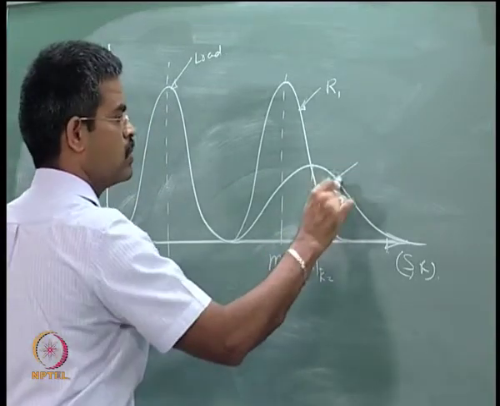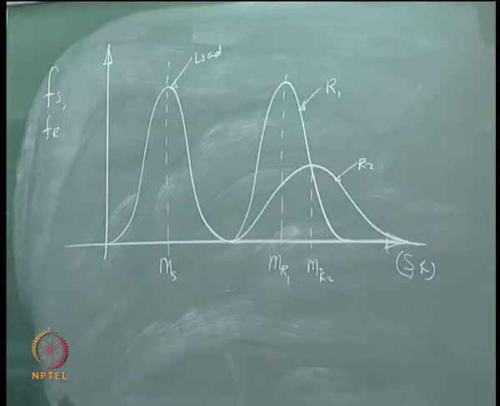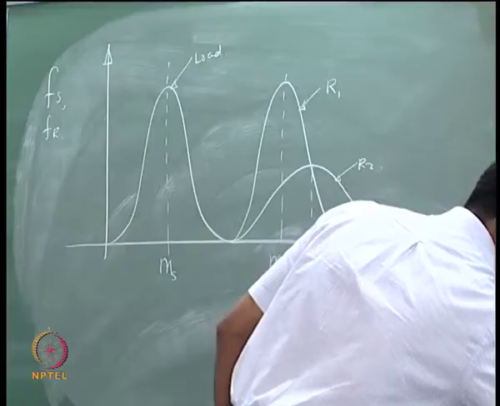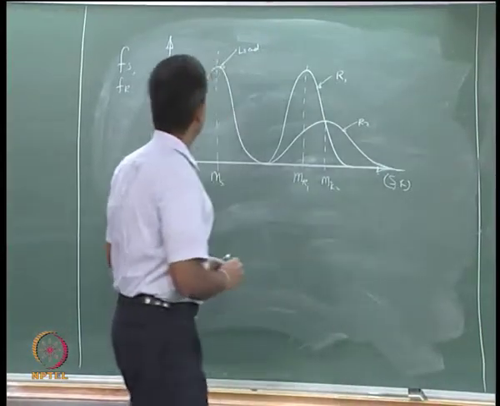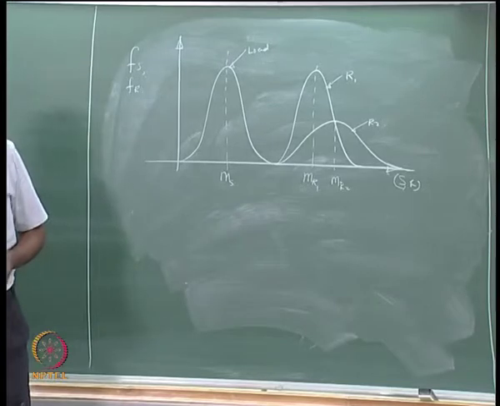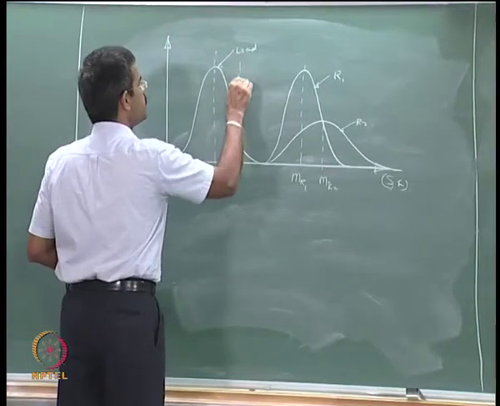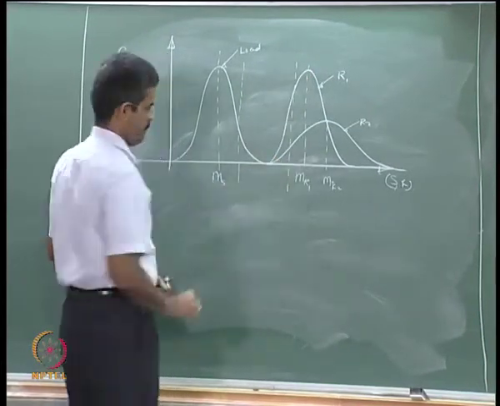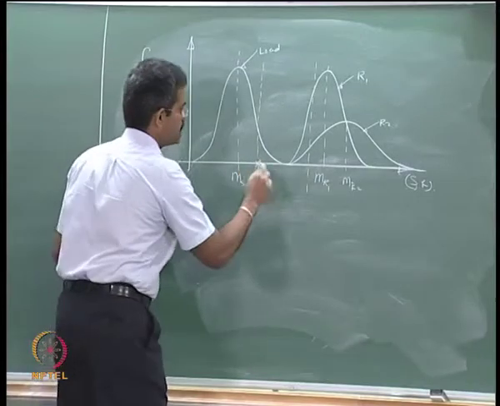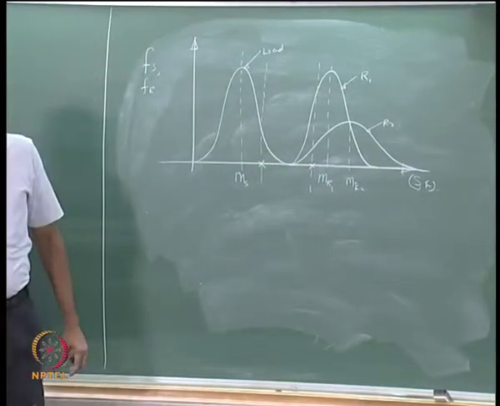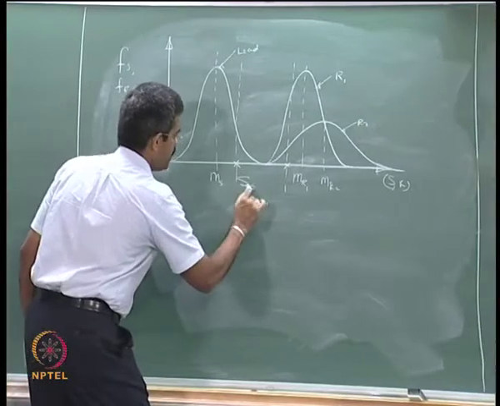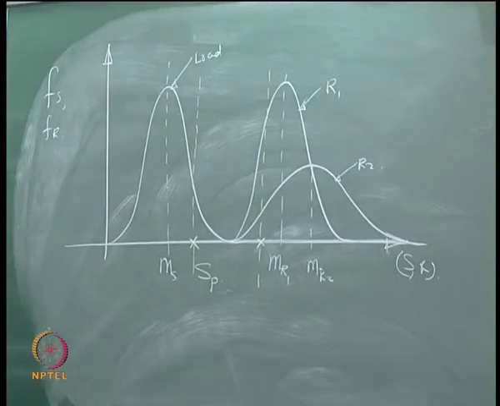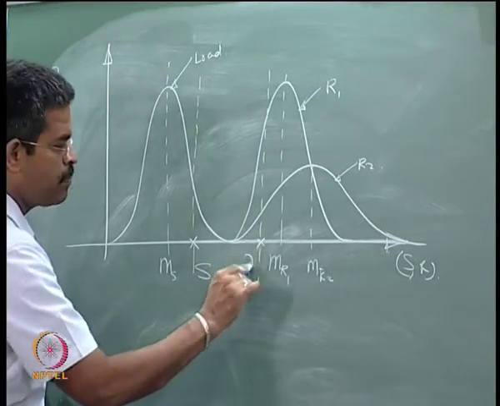This is MR. So, what I am trying to define here are the following. I want to define a point in these curves, call this point as Sp and call this point as Rp.